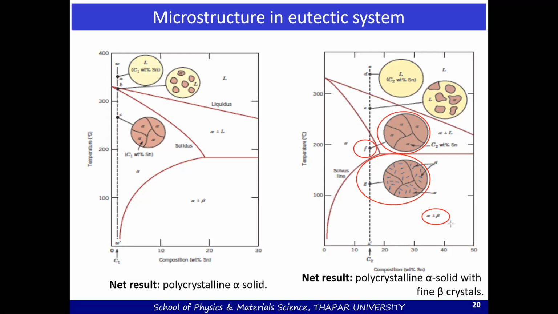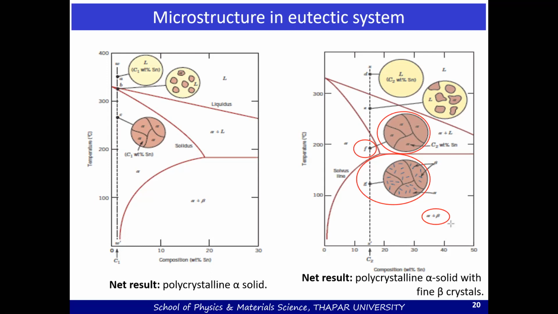Why is it so? Because it is forming out of an alpha phase which itself has very low amount of Sn present in it. Why? Because alpha is a Pb rich phase. Let's say alpha is something like 90% lead and 10% Sn. So everywhere you have alpha which is 90% lead, 10% Sn. Now if a beta rich phase has to evolve, that is Sn rich phase, then you have only 10% Sn everywhere.